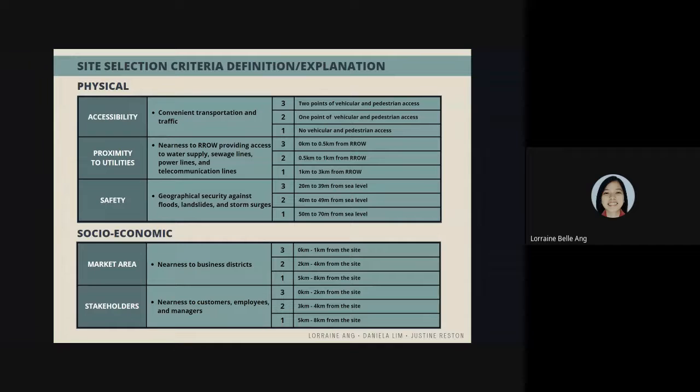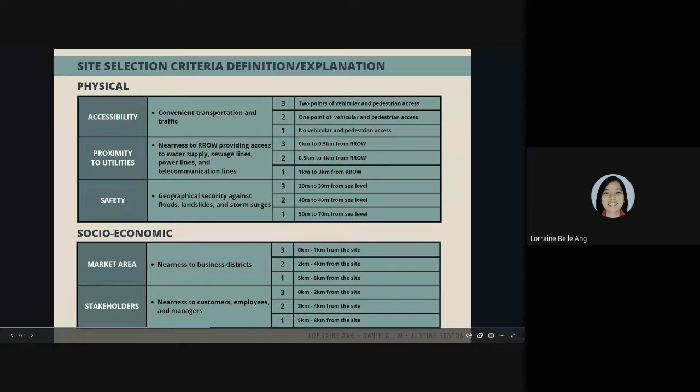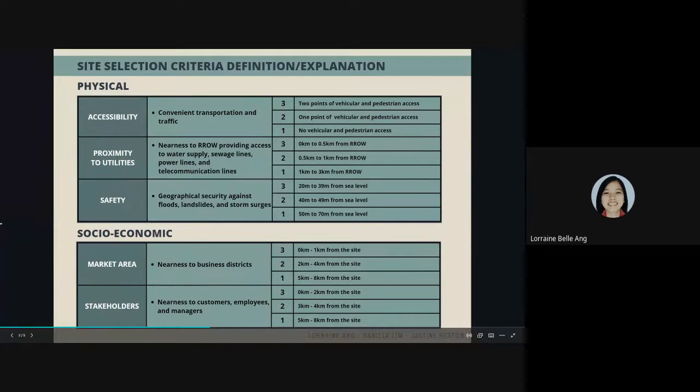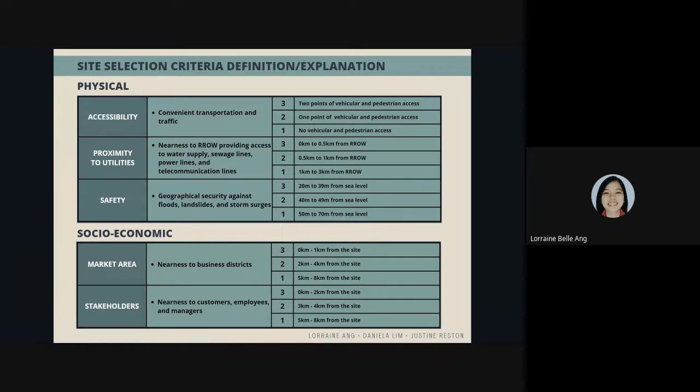These are our site selection criteria. For the physical attributes, we consider in accessibility the convenient transportation and traffic. So we give points to how much vehicular and pedestrian access there is towards that site. Next is proximity to utilities.